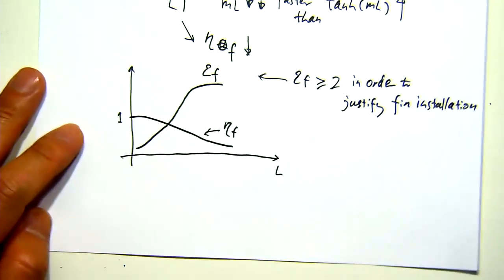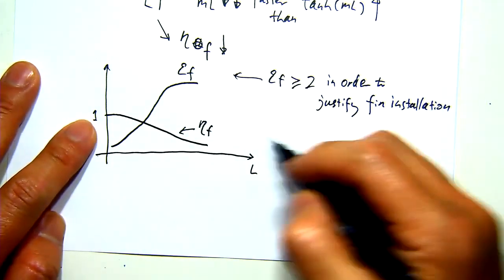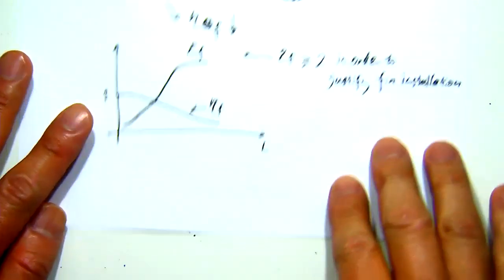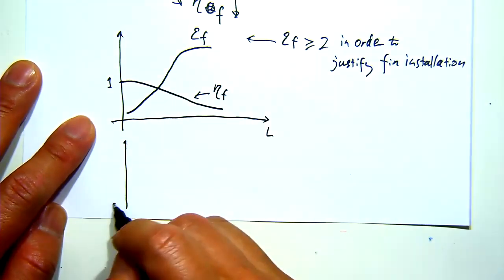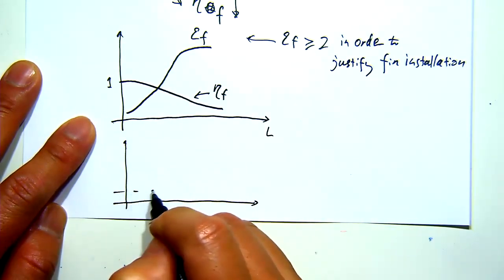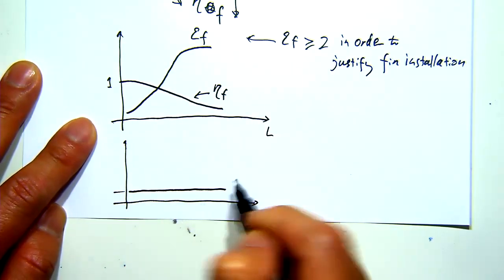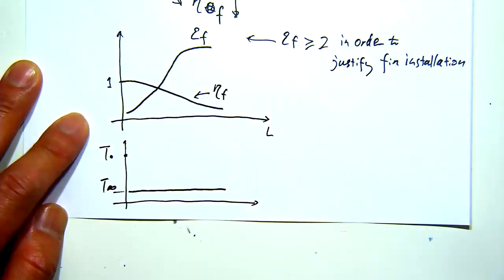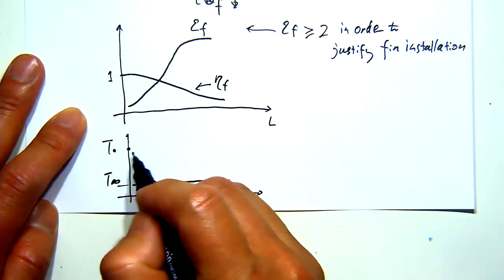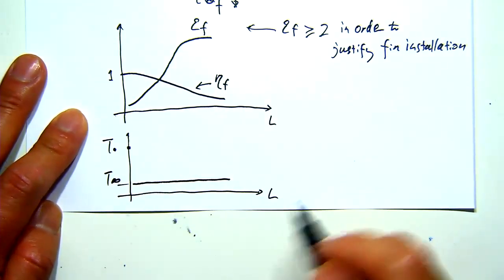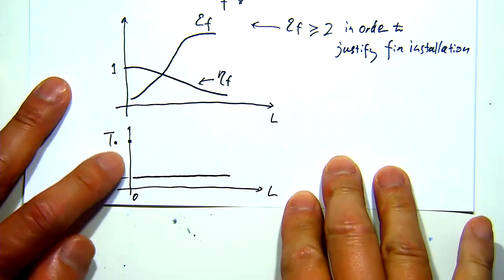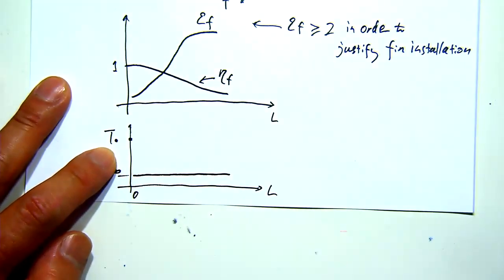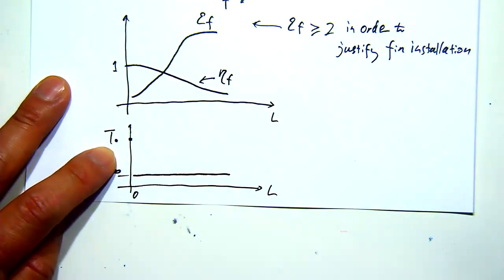So if I can draw, if this is your ambient temperature, which remains constant, and you have the base temperature, then at zero length you have the largest temperature difference to drive the heat transfer by convection. The Q is the highest in that case.